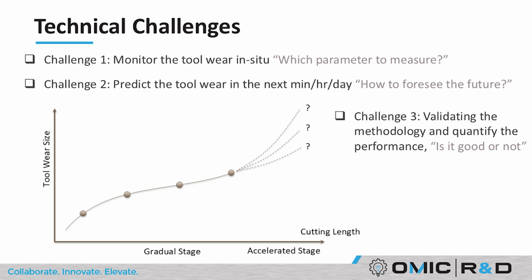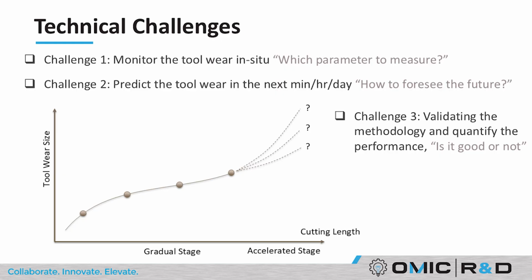And we are facing quite a few technical challenges for this approach, and here I'm listing three of them. In this chart, I'm showing the general cutting tool wear development process. The horizontal axis represents the cutting length, meaning how many cutting passes or how many meters or inches have been cut by that cutting tool.